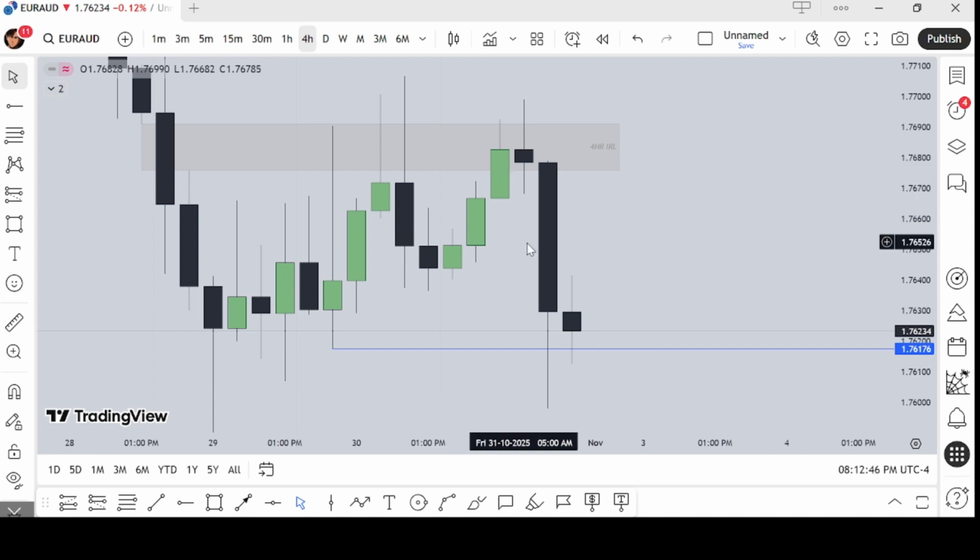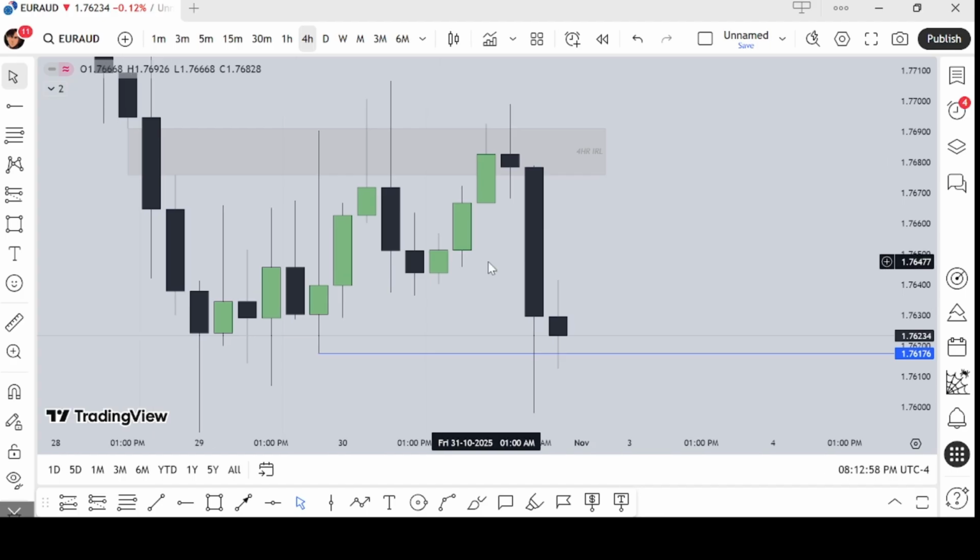Before I could anticipate things like this, I've seen it over and over and over again, and that is why I only do what works. I don't need to complicate things. I only come here and do what works, right? That's why I said, if I found my bias, all I do is come down to the 4-hour time frame. I don't need to go down to the 15-minute time frame yet.